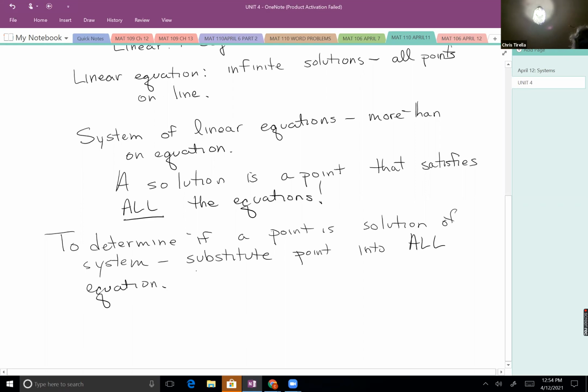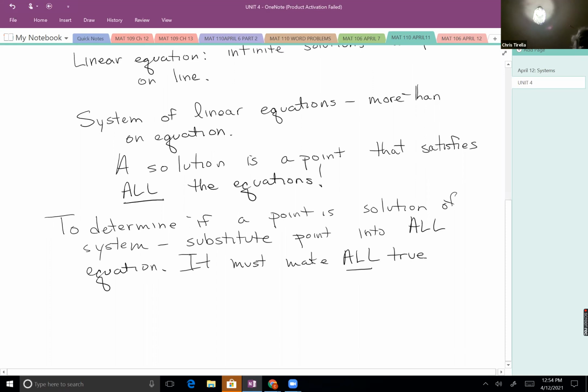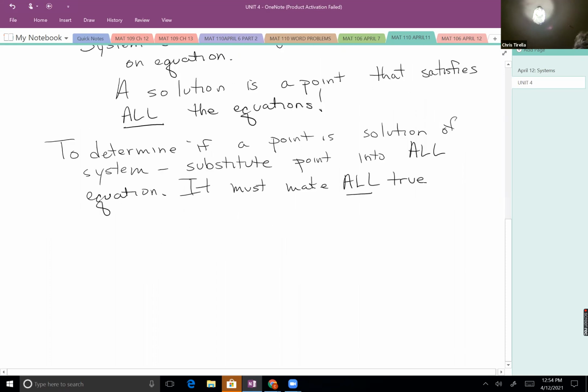It must make them all true. Which I guess is just a fancy way of saying we're going to do a lot of checks to see if we have a solution.